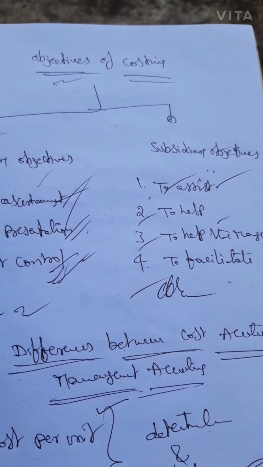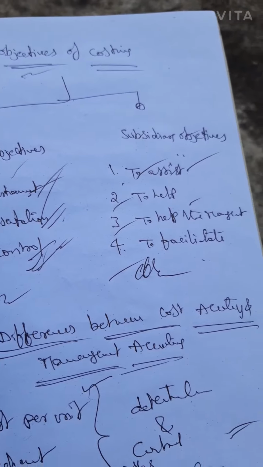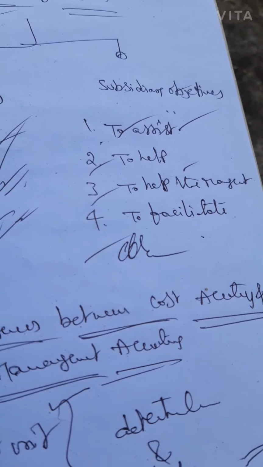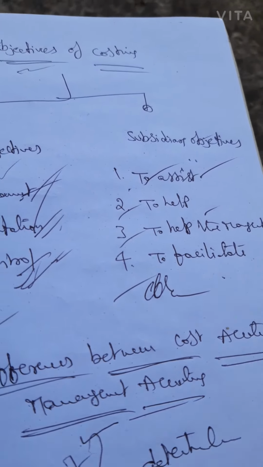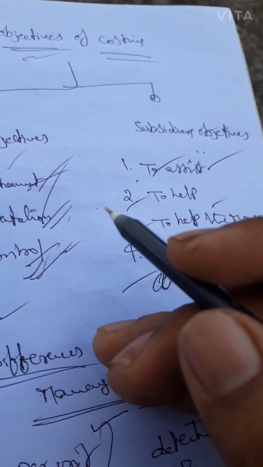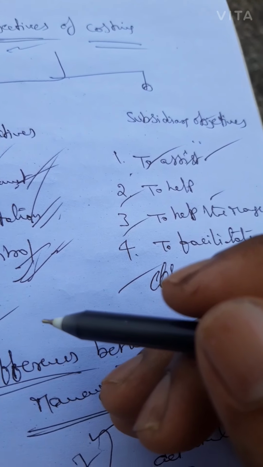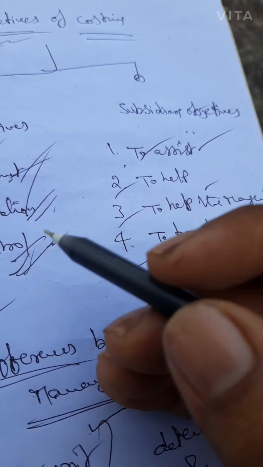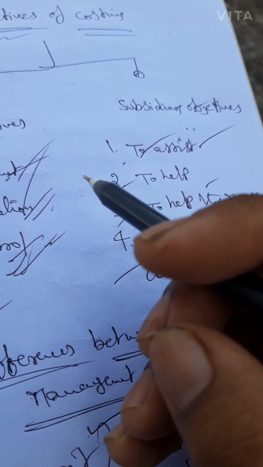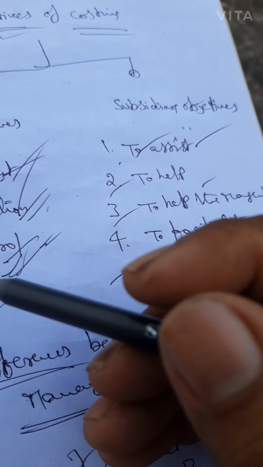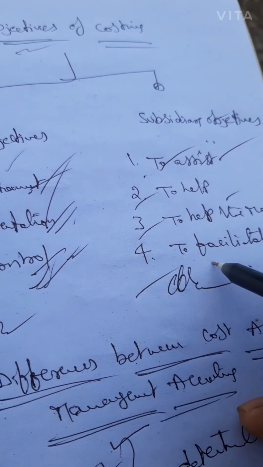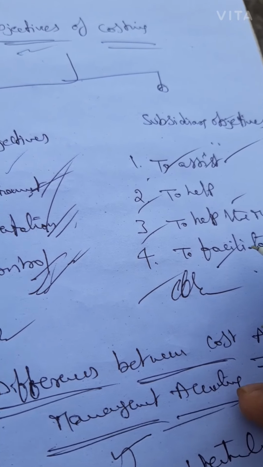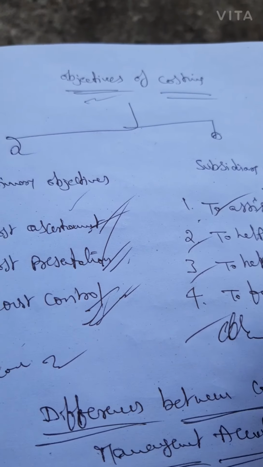And next, coming to secondary or subsidiary objectives. Subsidiary objectives are concerned mainly to help the management to prevent the wastage in material, man and machinery, and in the same way to facilitate the presentation of financial and other statements very quickly.